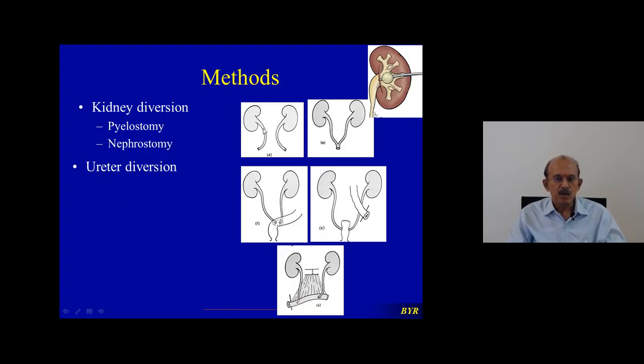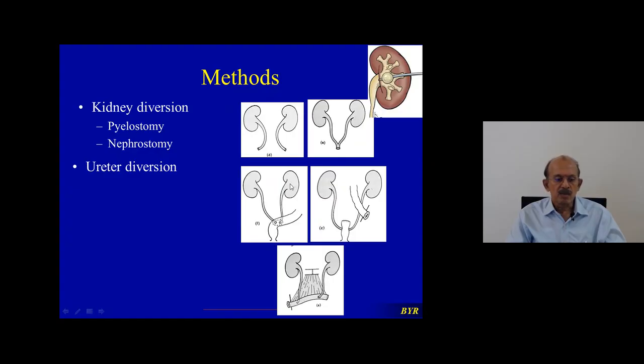Each one of them can be anastomosed to the skin, just like ileostomy. You do the ureterostomy and provide a bag there, so the urine will be collected in the bag. Either two separate orifices can be made, or you can anastomose those two ureters and make a single opening, and the single opening can be anastomosed to the skin.